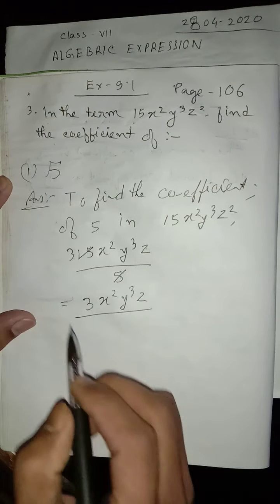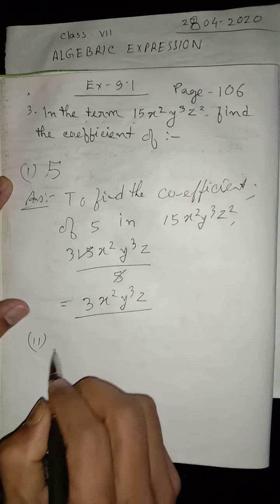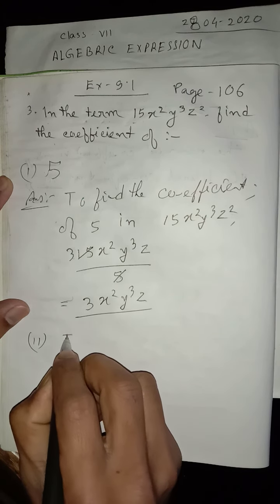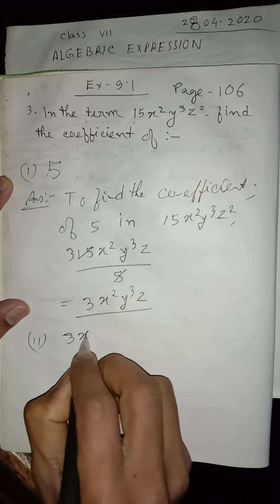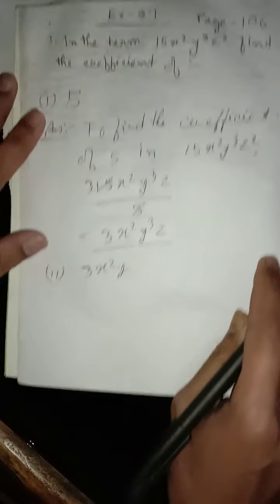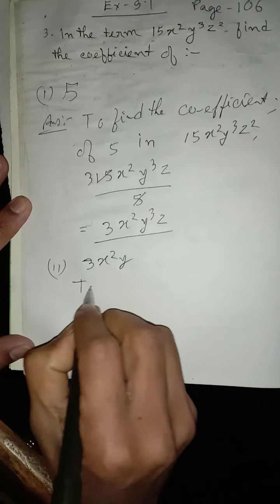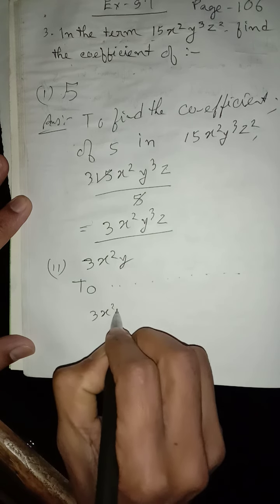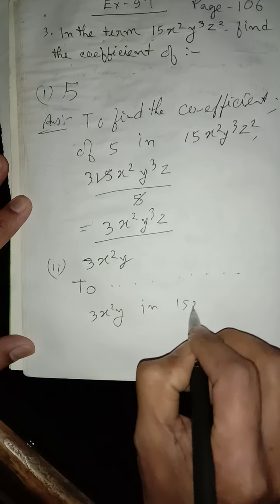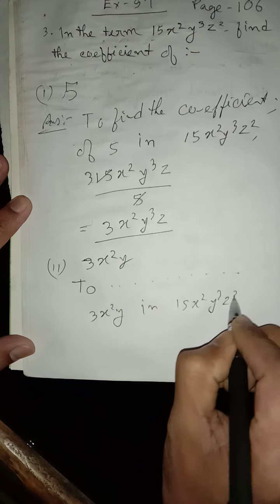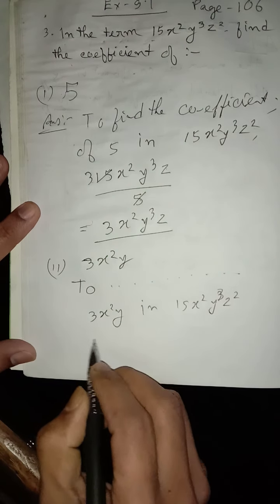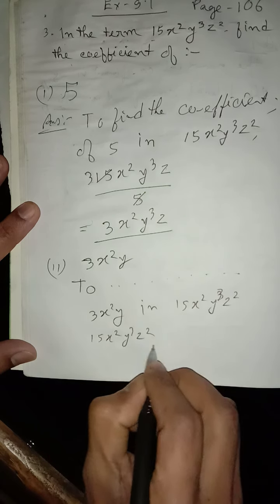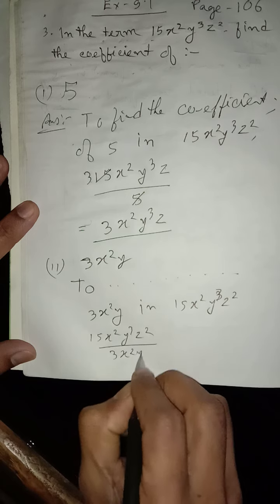Suppose this is question number 1. Suppose we get question number 2, the same term, with 3x square y. To find the coefficient of 3x square y in 15x square y cube z square, what to do? 15x square y cube z square divided by 3x square y.